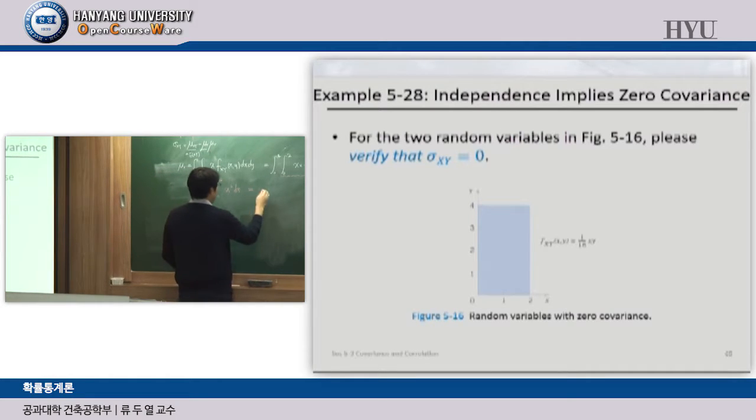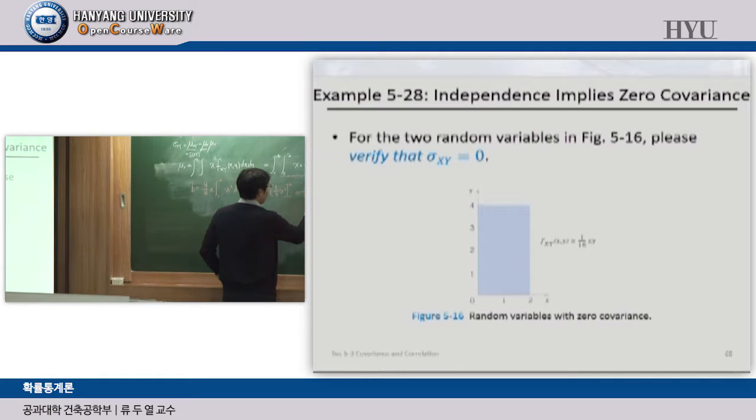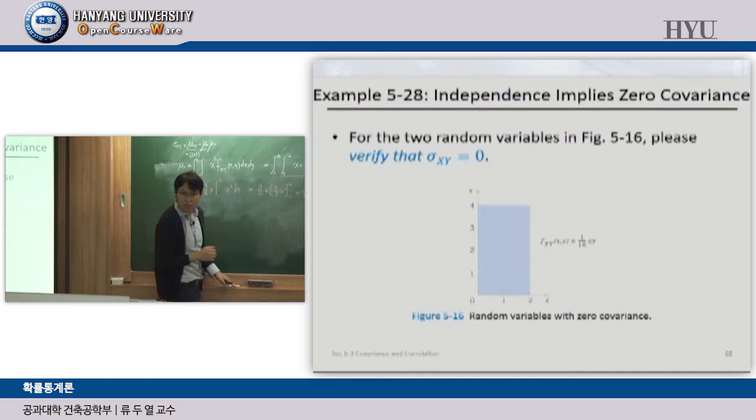This is equal to y over 16 by 1 over 3 x to the third power from 0 to 2. That is equal to y over 16 by 8 over 3.